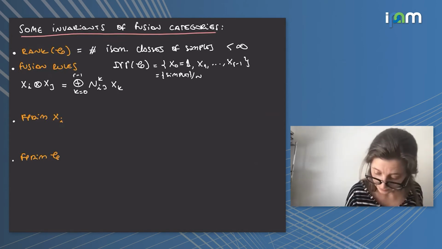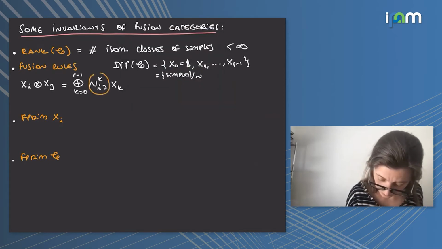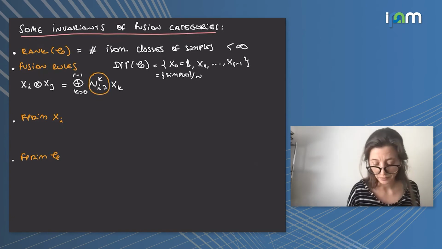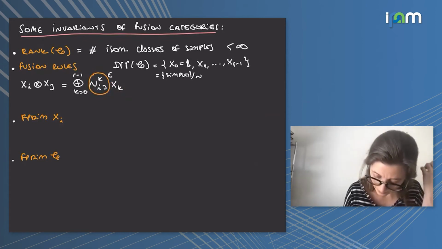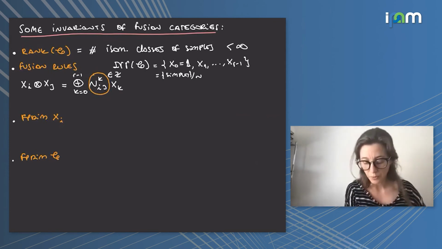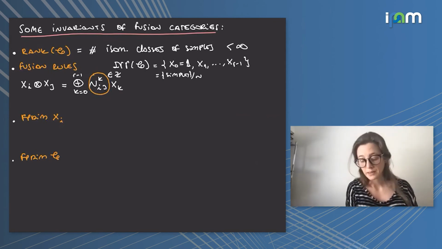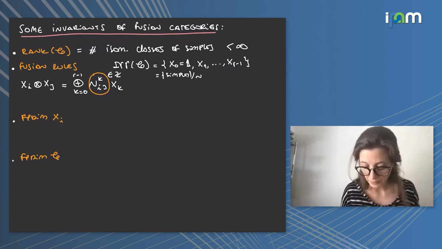So these are my fusion rules. And associated to these numbers, these are how many times my simple x_k appears in this tensor product. It's an integer number, so it must be non-negative. It's just the number of times, so it's a multiplicity.